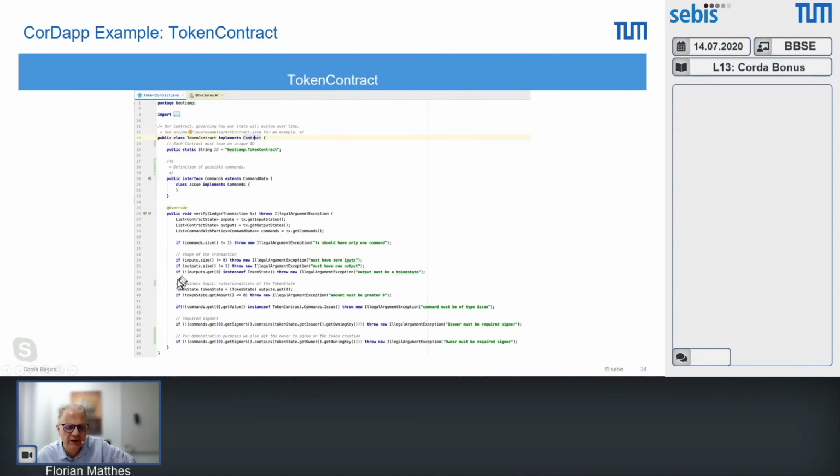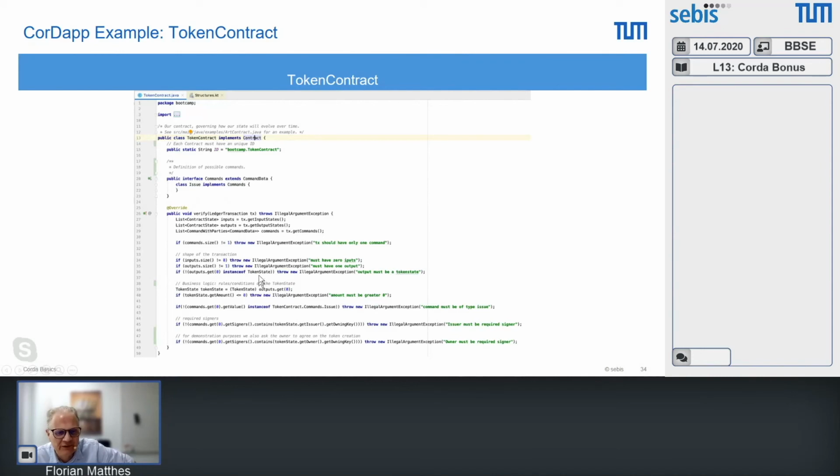So then we would look at the types of the states. We have an empty input state, so therefore we don't have to verify it. But for the output state, we want to make sure that the output the transaction wants to produce is not an arbitrary contract state as specified here, but it's a token state object.